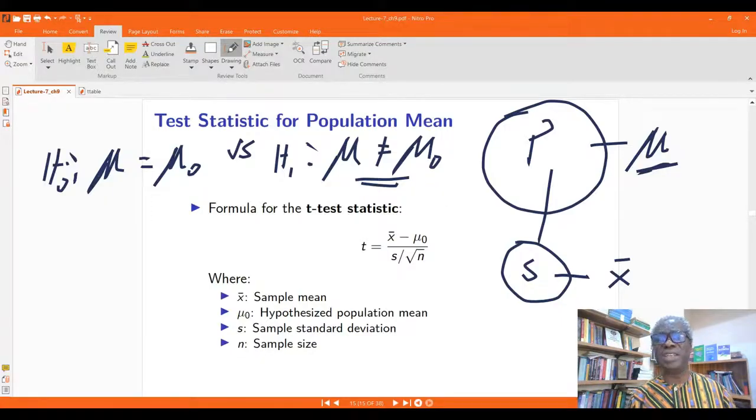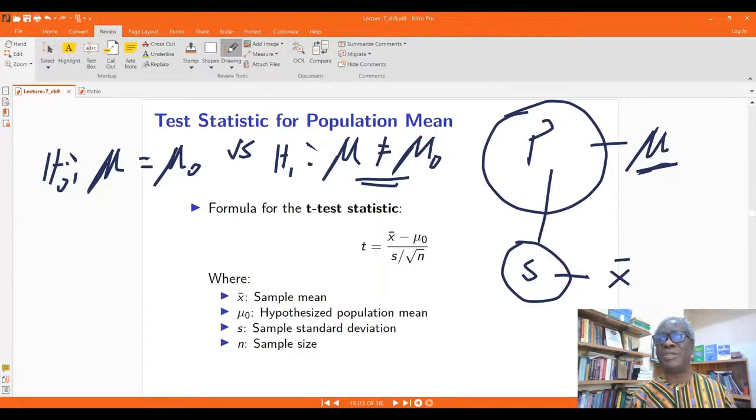So after the hypothesis is formulated, the next thing is to choose your level of significance. And you recall that we can choose a level of significance, which by now you should know as the type 1 error.